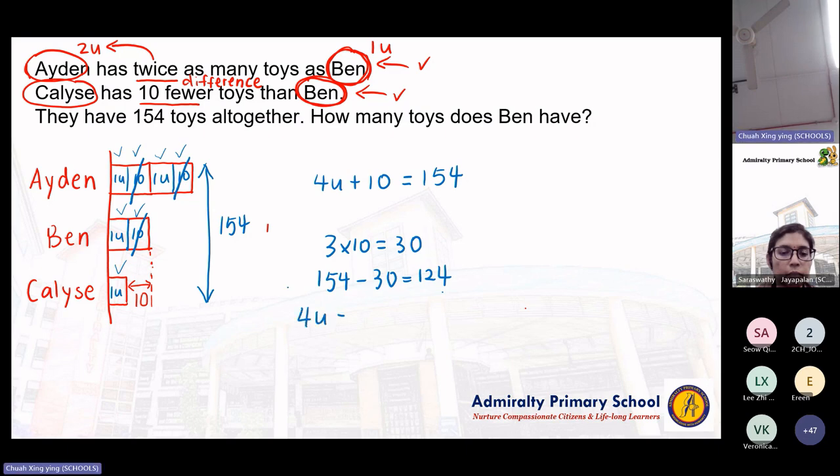So 4 units is equal to 124. 1 unit will be equal to 124 divided by 4, which equals 31. Hence, Kelly's 1 unit, we have found it. We found that Kelly has 31. When we find that Kelly has 31, all these 1 units are all 31.